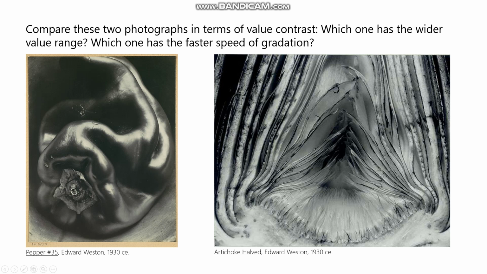So the impression of this photograph is of a much wider value range, or at least a much greater value contrast, right? But the range is actually wider in this piece. So a fast speed of gradation and a wide value range, those are the two parts of value contrast. Okay, we'll talk about the rest about value in part 2.